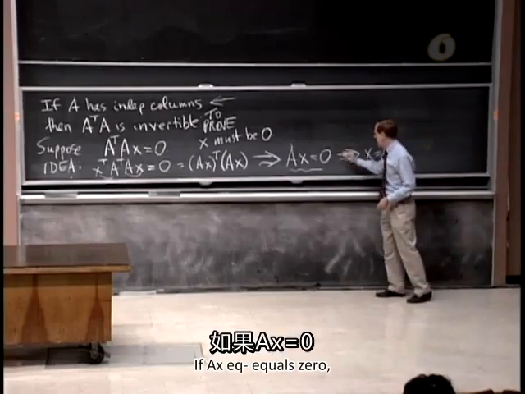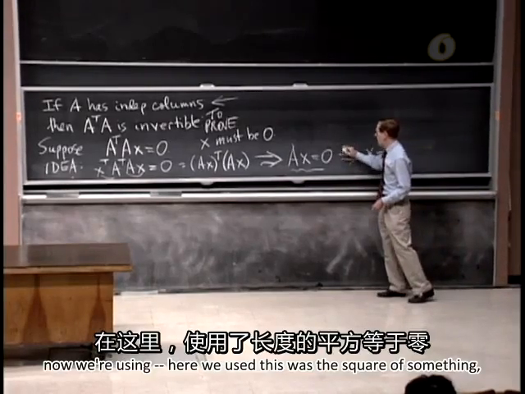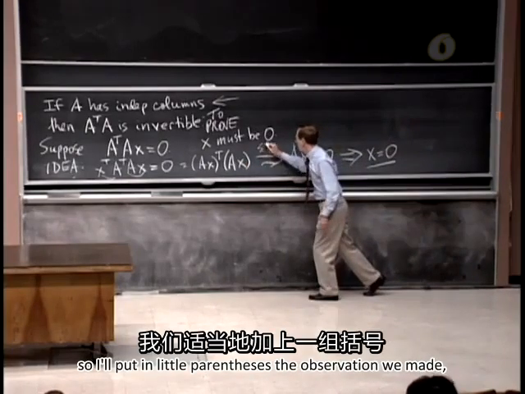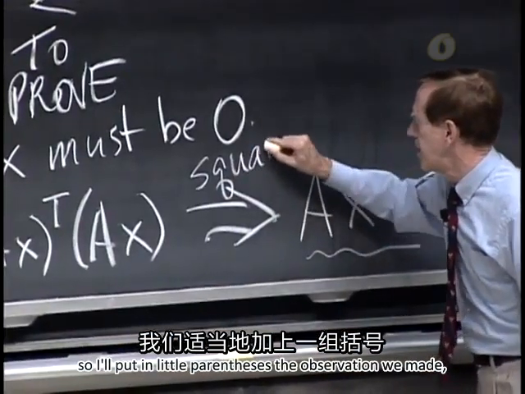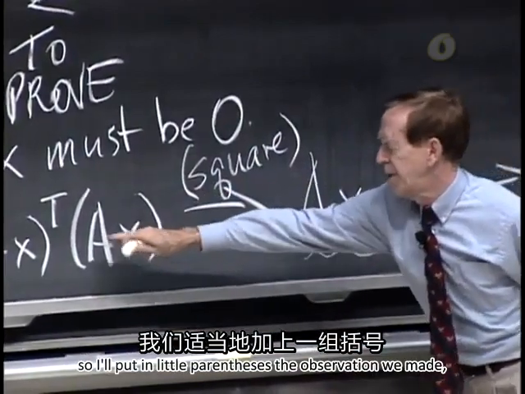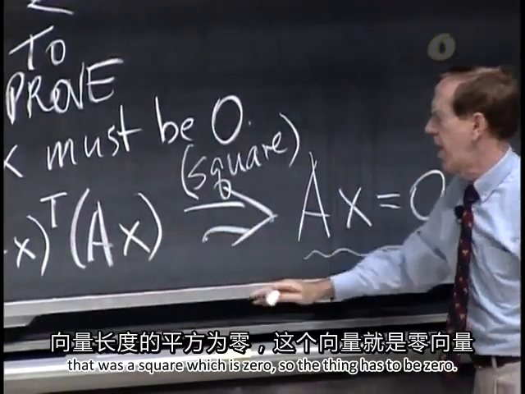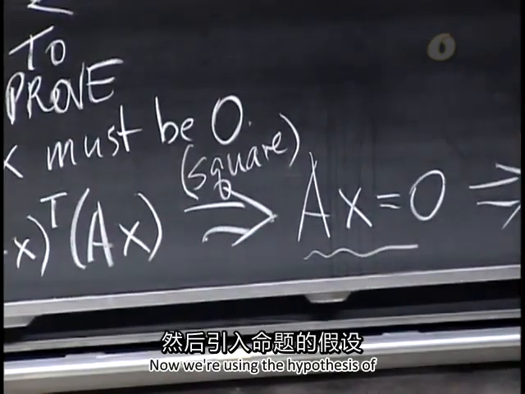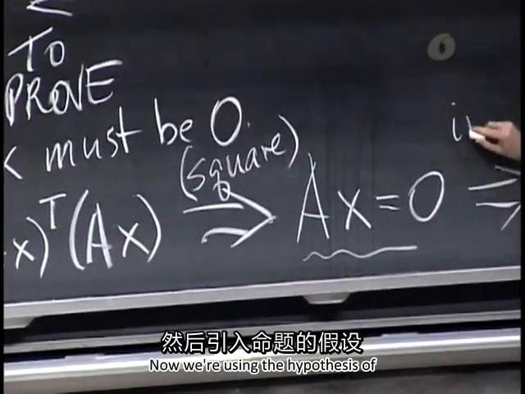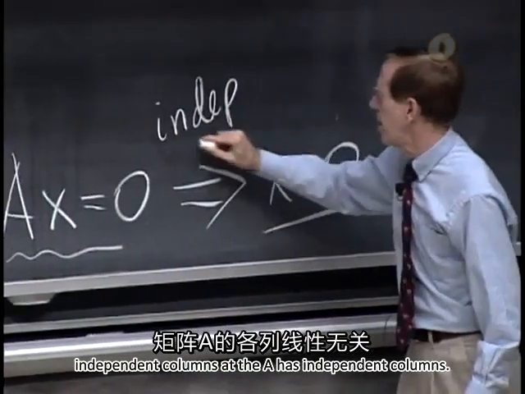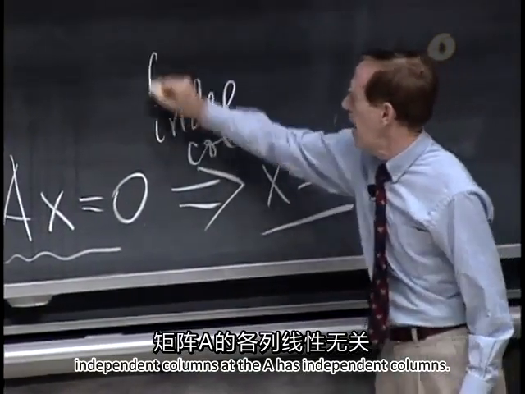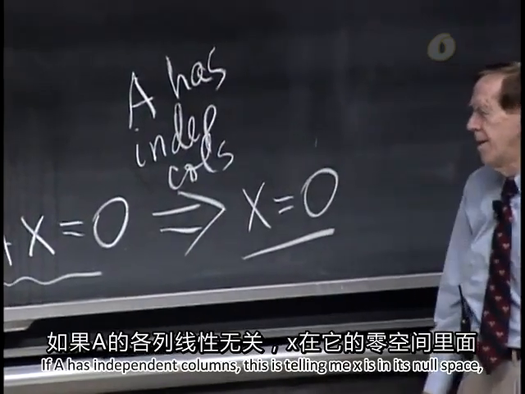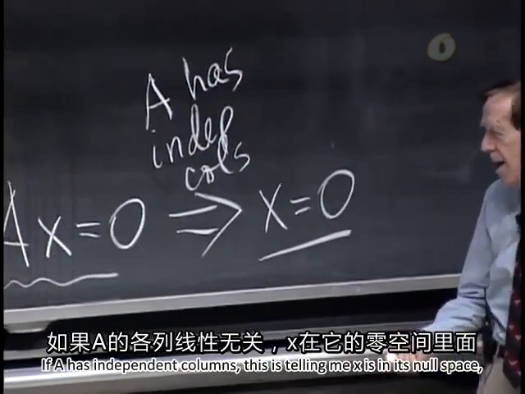Do you see why that is? If Ax equals 0, here we use, this was the square of something. So I'll put in little parentheses the observation we made. That was a square, which is 0, so the thing has to be 0. Now we're using the hypothesis that A has independent columns.